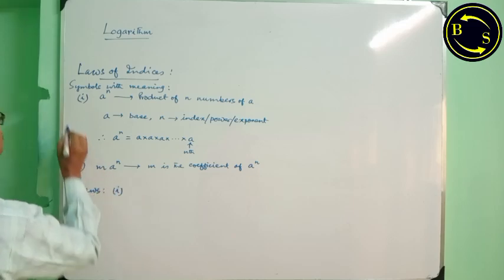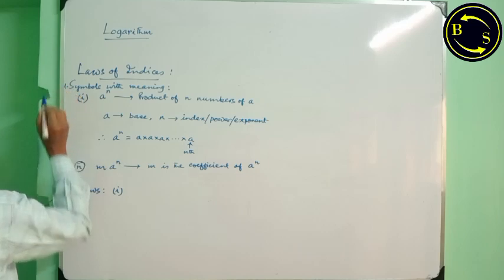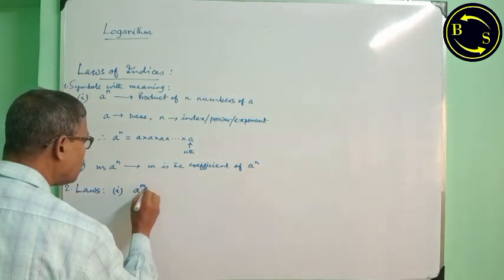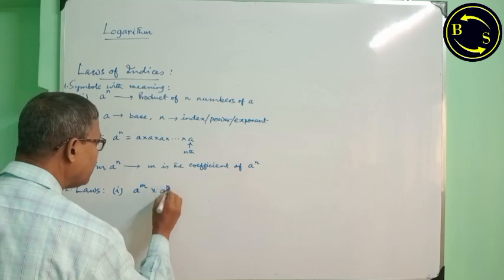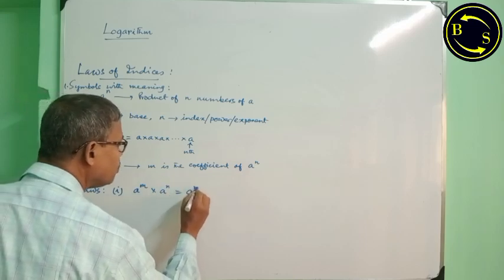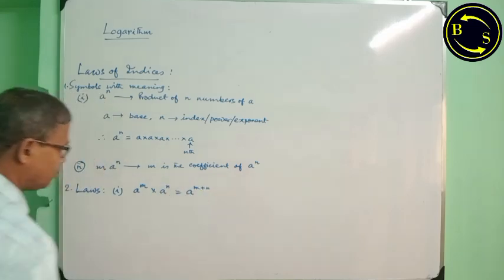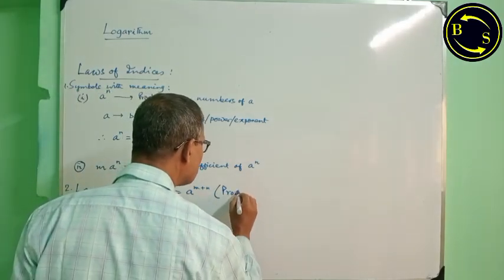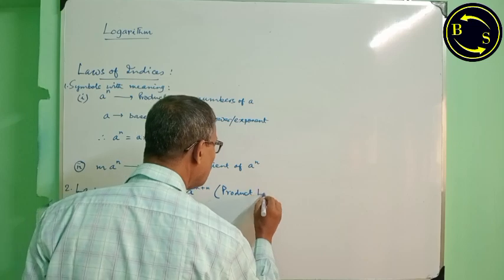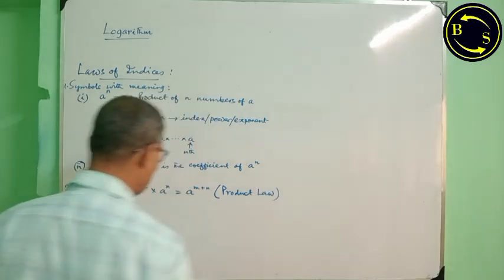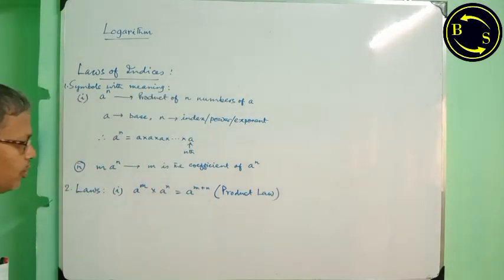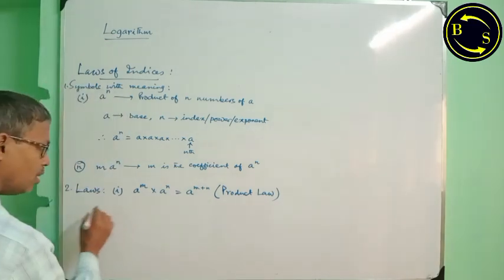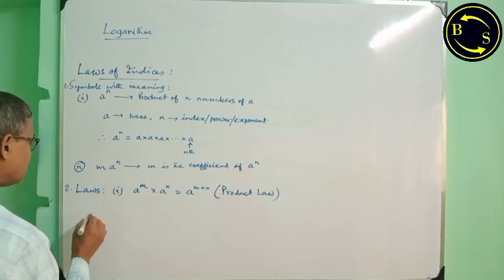Number 1, I call it serial 1, now serial 2. A to the power m into A to the power n is equal to A to the power m plus n. We call it product law. Let me clarify.